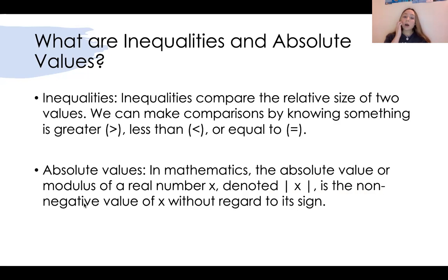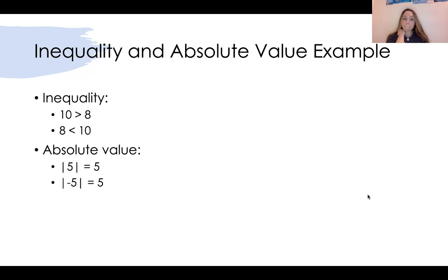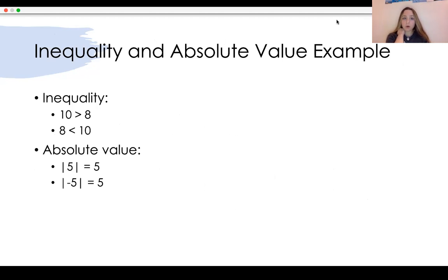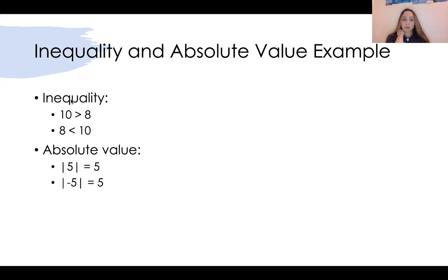And then for absolute values, in mathematics, the absolute value or modulus of a real number x is denoted as the absolute value of x, which is the non-negative value of x without regard to its sign. Just to make you more aware of what I'm talking about, here are examples. For the inequality, 10 is greater than 8, and 8 is less than 10.